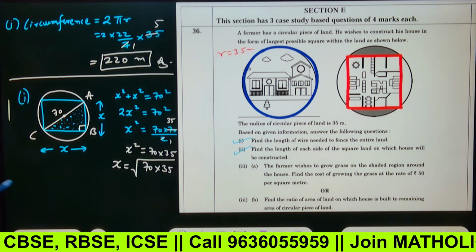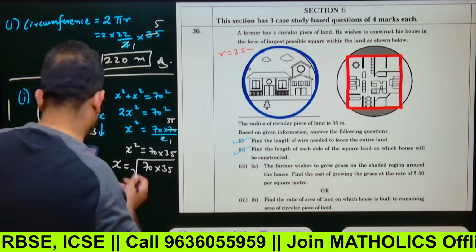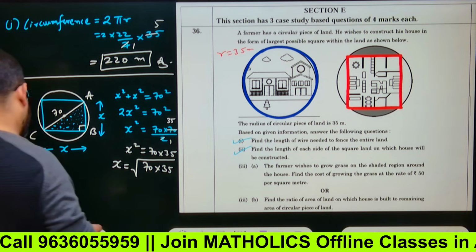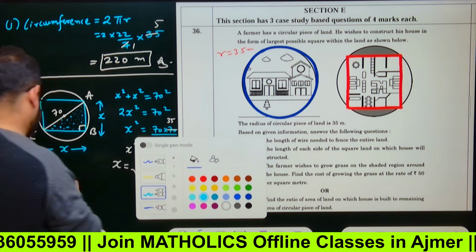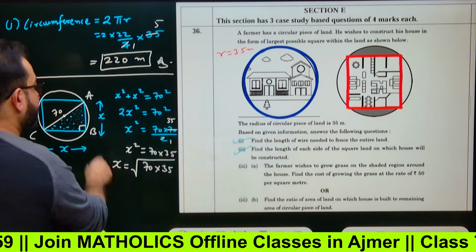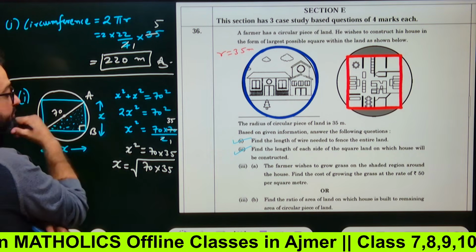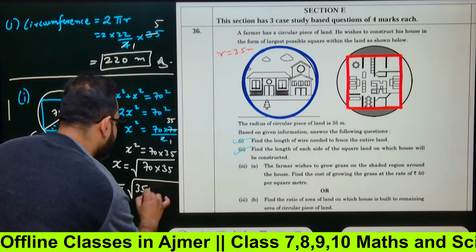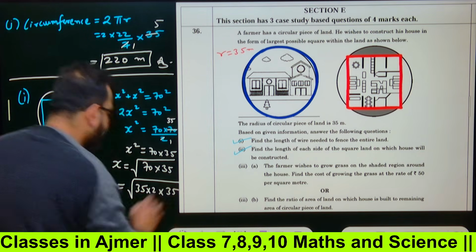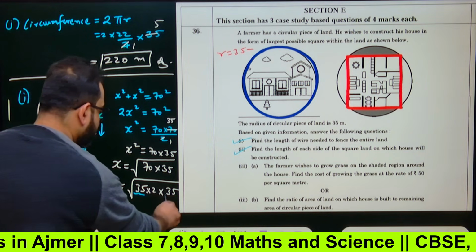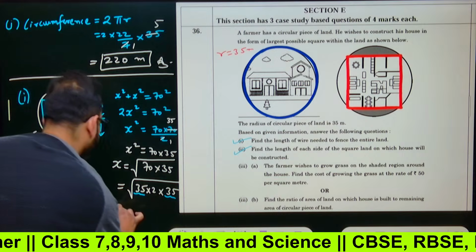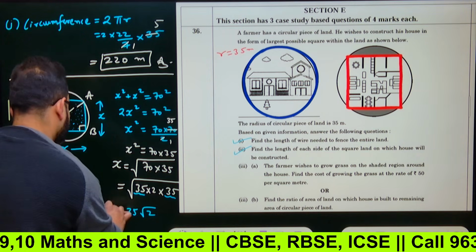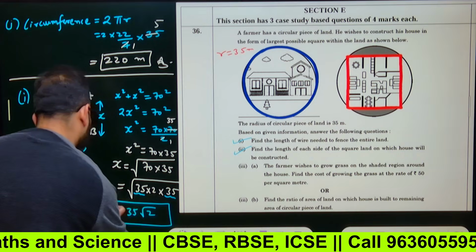When you write x equals under root of 70 into 35, you break 70 into two parts, 35 into 2 and into 35. This 35 into 35 will come outside and it will be 35. Inside the root, it will be under root 2. So x equals 35 under root 2 meters.